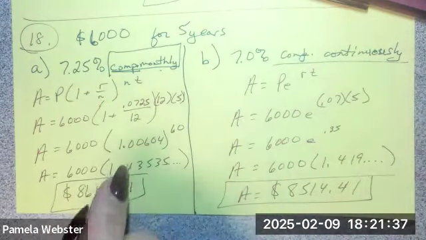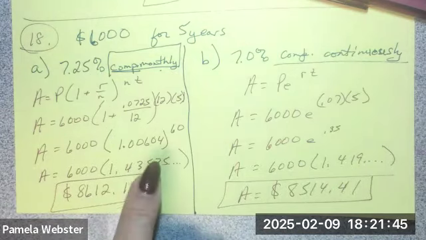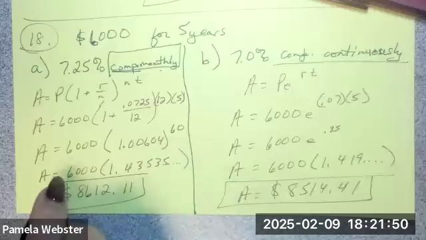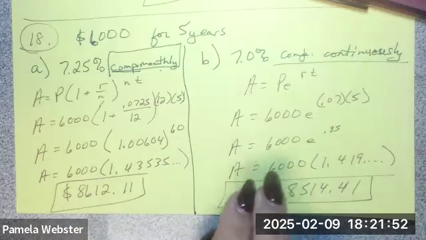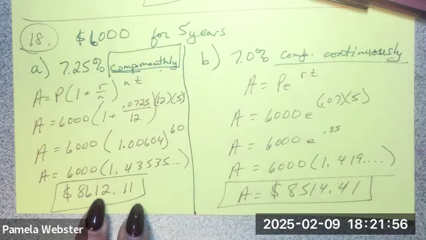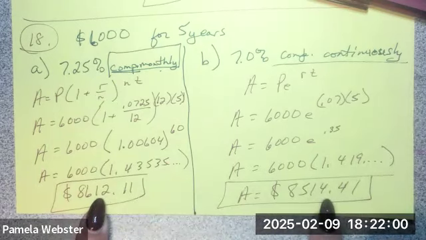But what we find here when we work it out, if you need to pause and look at my math and see if your math matches my math, hopefully my math is right. I do have a little bit of a rounding thing here at the end. I tried to keep it in my calculator and then multiply by the 6,000 at the end. But what we see here is $8,600 from the compounded monthly and $8,500 from the compounded continuously.